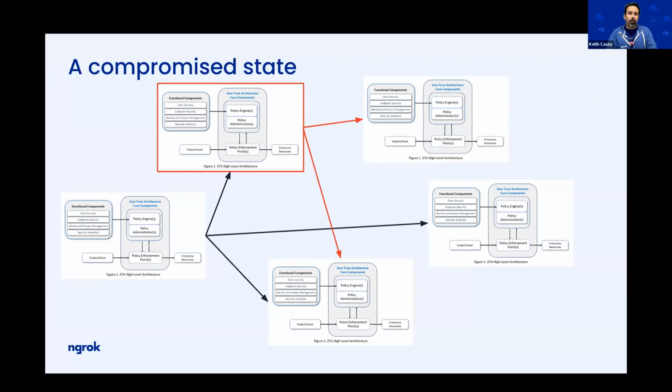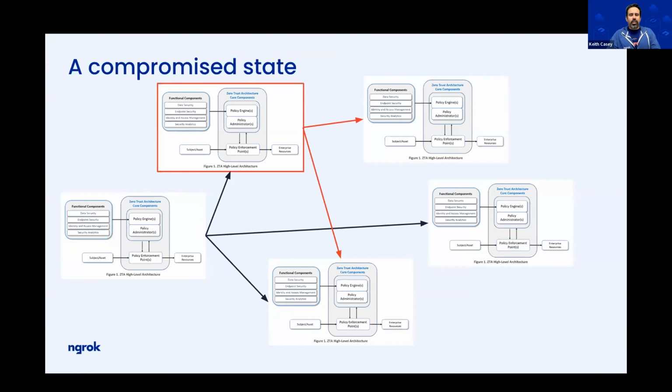Maybe there was a bad deploy. There's a bad configuration that got deployed here. We need to think about this as not just security, this is architecture in general. So something gets into a compromised state, whether it's a security situation, whether it's just a bad deploy somehow, a bad library somehow, we need to think about what we do with this.